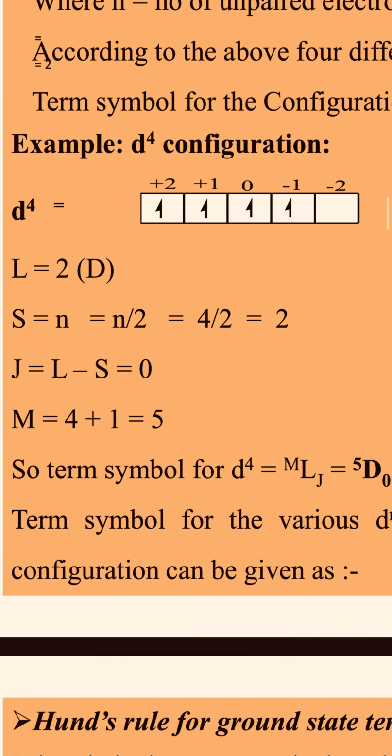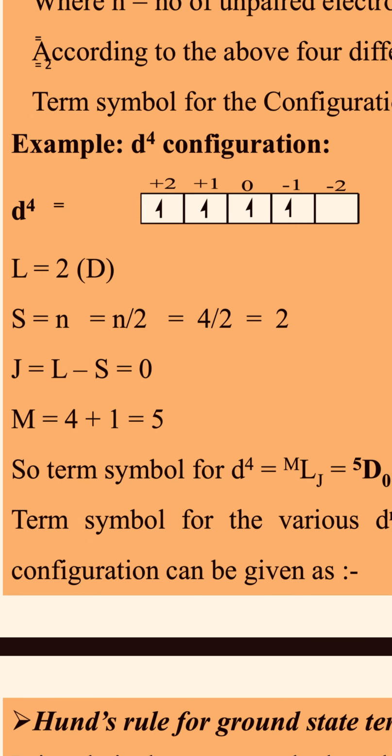Here in these 5 orbitals, we have 4 half-filled orbitals, so 4 orbitals are singly occupied. What will be the spin? Each arrow can be considered as a spin of 1 by 2. So the total spin will be 1 by 2 plus 1 by 2 plus 1 by 2 plus 1 by 2, so it is 2. Our S is found to be 2.